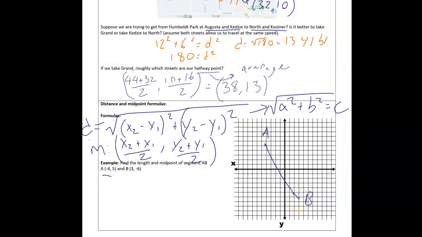Okay, so we want to get the distance, and notice this saves me from ever having to draw the triangle. So I just do my change in x squared for my distance, and then my change in y squared, and I should keep the order the same, right? So if I made my -4 first, I should make my 3 first. And then I'm taking the square root of that whole thing.